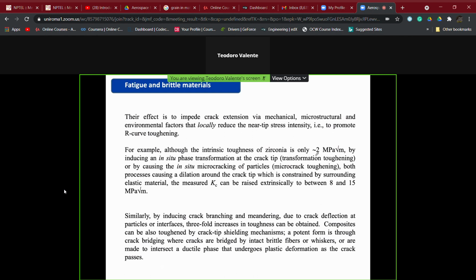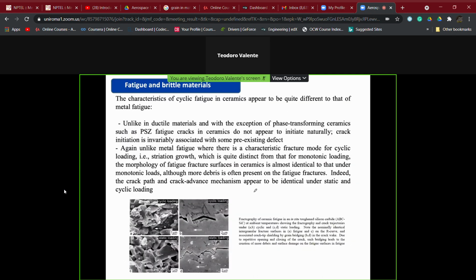Just remember that for partially stabilized zirconia we start from some units of megapascal square root meter in terms of fracture toughness, up to something approaching 15 megapascal square root meter when we have phase transformation, due to the presence in partially stabilized zirconia of metastable phases.